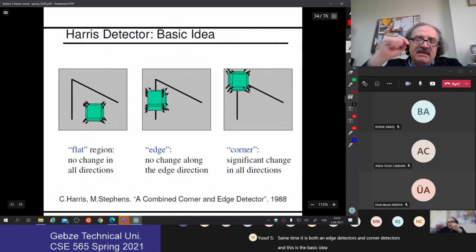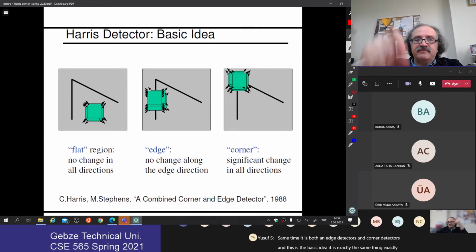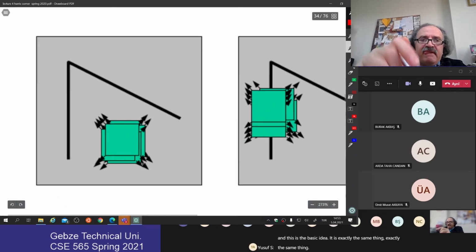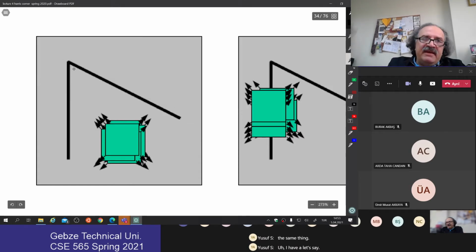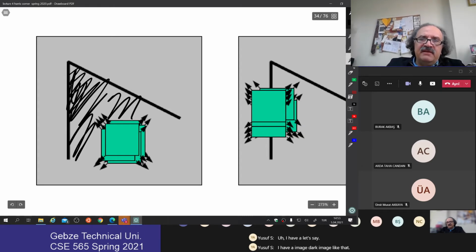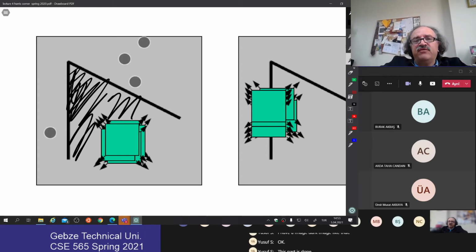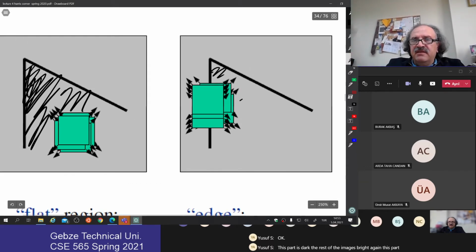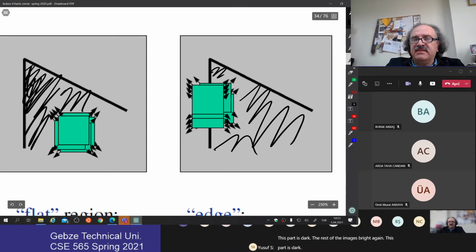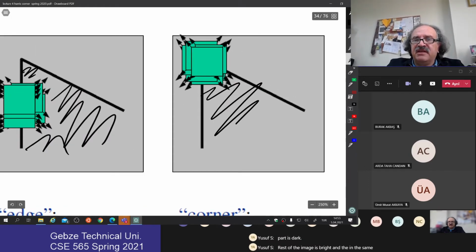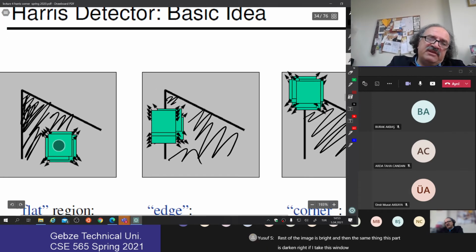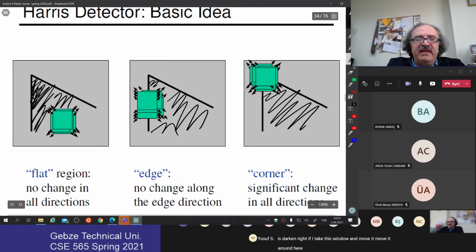It is exactly the same thing. Let's say I have a dark image like that. This part is dark, the rest of the image is bright. If I take this window and move it around here, it's going to be a flat region.